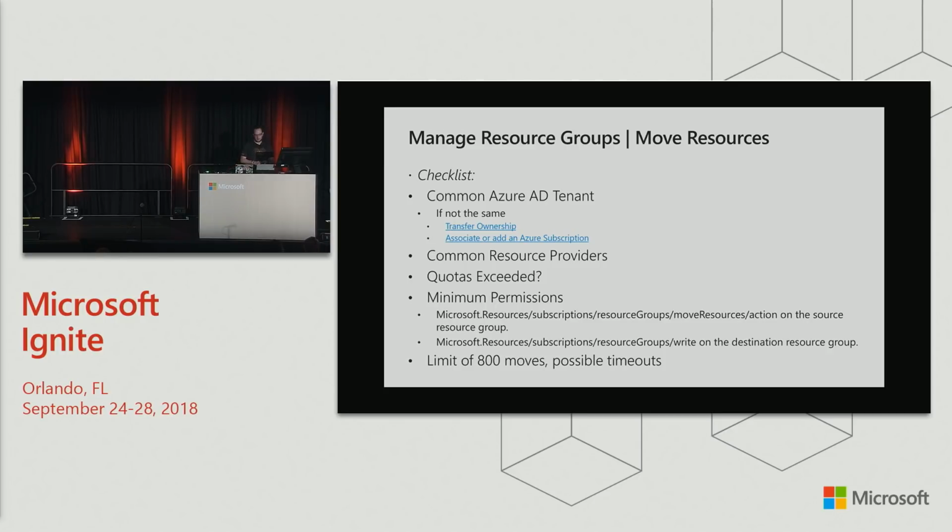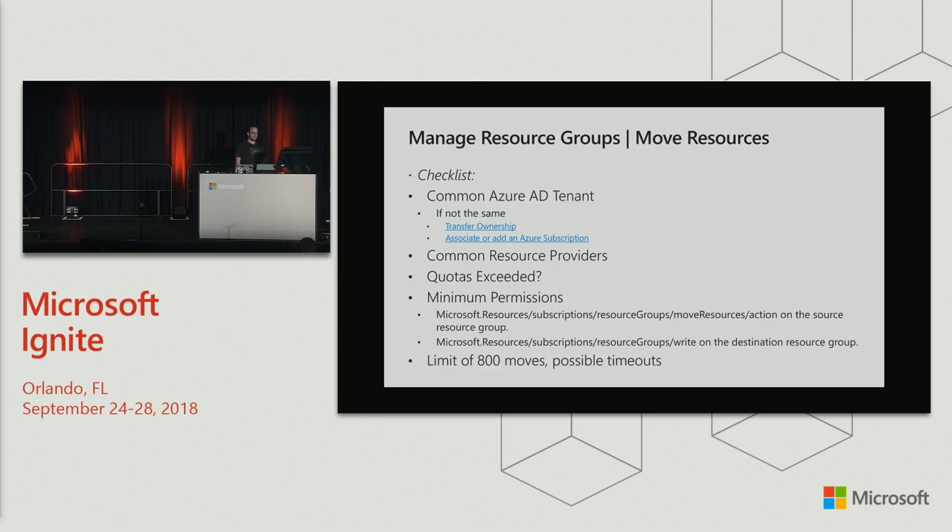Resource management, most important there is understanding the overall Azure AD tenant, which from an identity perspective becomes your baseline. Moving stuff between different resource groups, that's fine, but moving between multiple subscriptions, some of them don't work if they're not linked to the same Azure AD tenant.